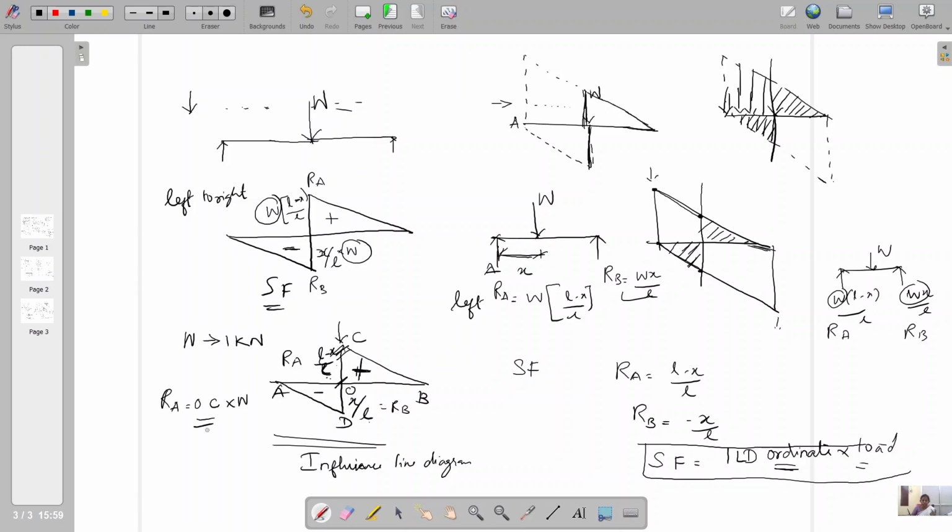You get some value OC, and OC into the load will give the RA value. Similarly, RB is the negative diagram, so the ordinate OD into the loading W. So this is the basic concept.